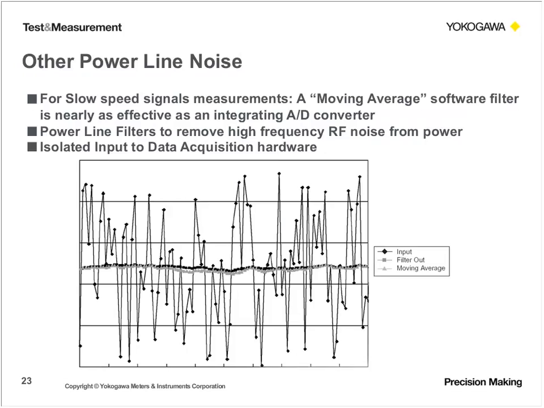If you don't have the hardware to purchase that sigma delta converter, what you can employ is a moving average, and this moving average is typically going to be a software filter.